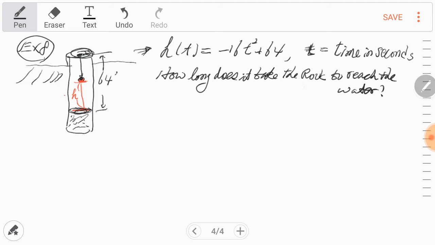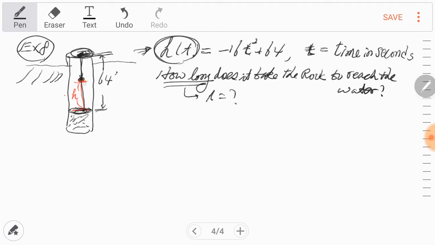Once the rock reaches the water, we are looking for the time t. h is the height between the water and the rock.